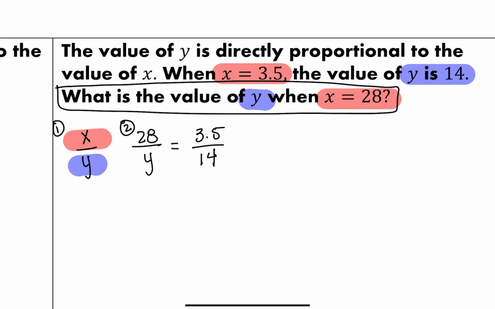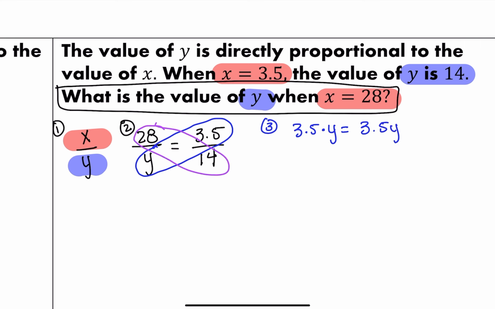This is step 2. Step 3 is where we're going to multiply, which is here. So step 3 is going to be 3.5 times y, which is just 3.5y. Then you're going to do 28 times 14. 28 times 14 is 392.